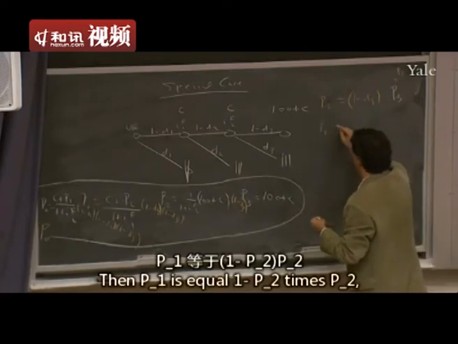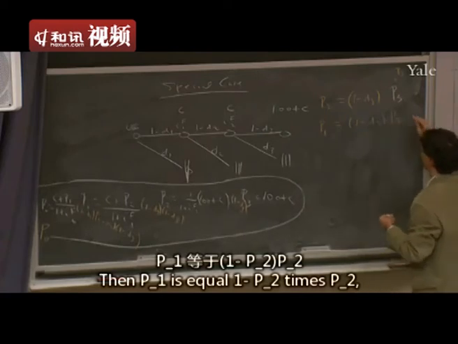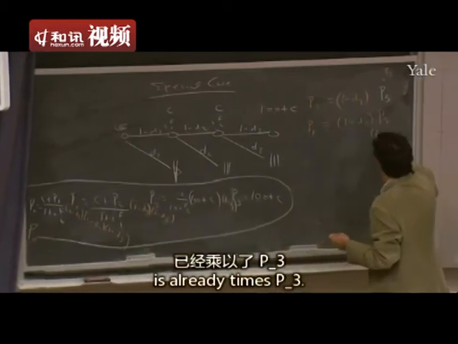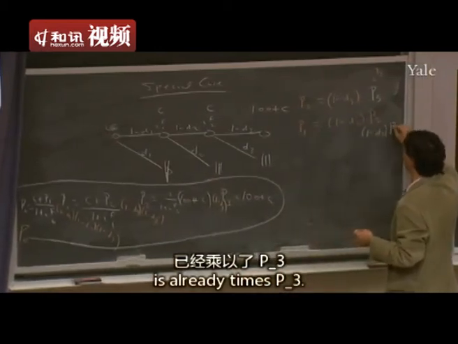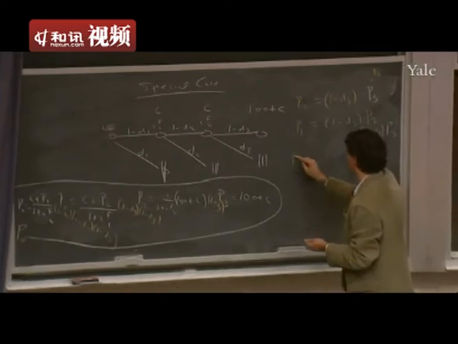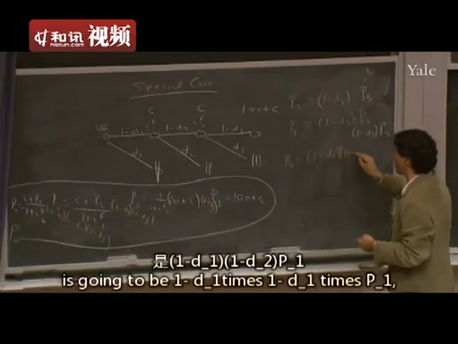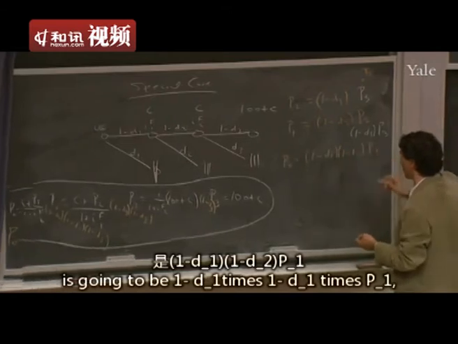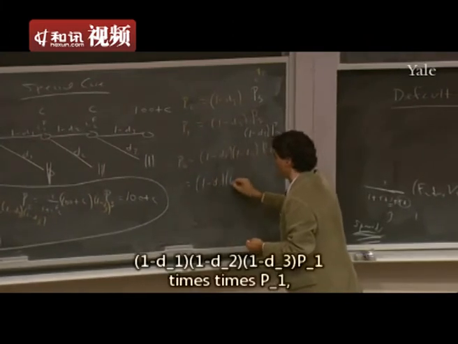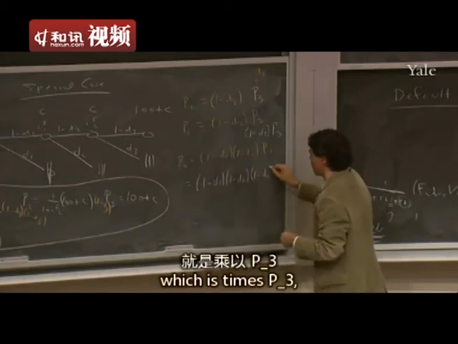Then P1 is equal to 1 minus D2 times P2, but that P2 is already 1 minus D3 times P3. And then P0 is going to be 1 minus D1 times 1 minus D2 times P1.